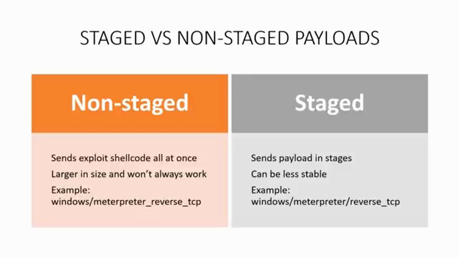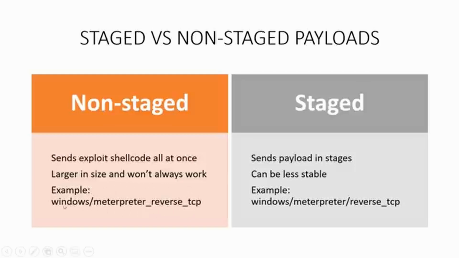And we have an example of it, and this is really what I want to point out, is we have this non-staged payload and we have a staged payload. And do you see the one difference between the two? All it is a /. So when we see these and we're using something like Metasploit and we have to pick out a payload, if we see something like Meterpreter_reverse_TCP, this identifies that this is a non-staged payload.